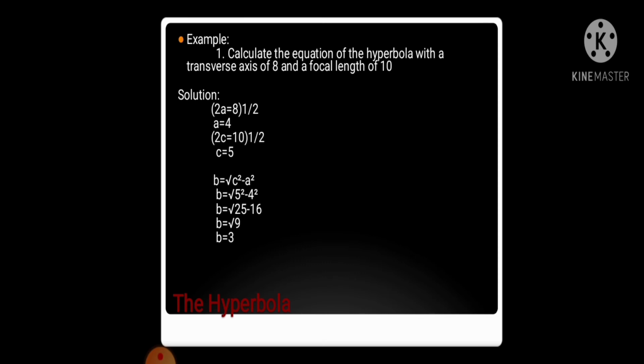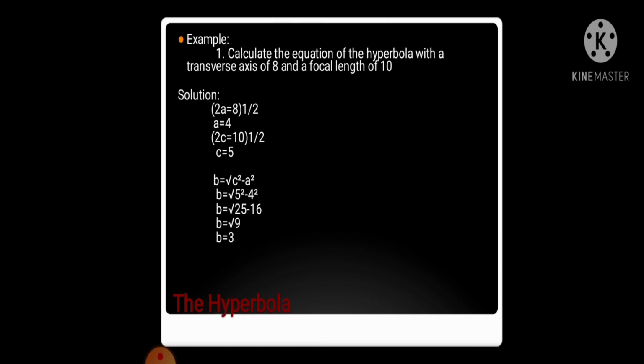So, to find the value of b, b equals the square root of c squared minus a squared. So, b equals the square root of 5 squared minus 4 squared. So, substitute the corresponding values of a and c.